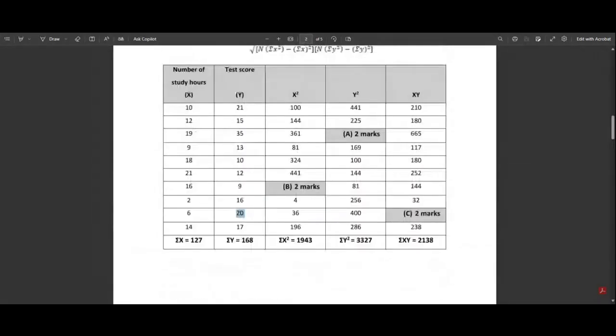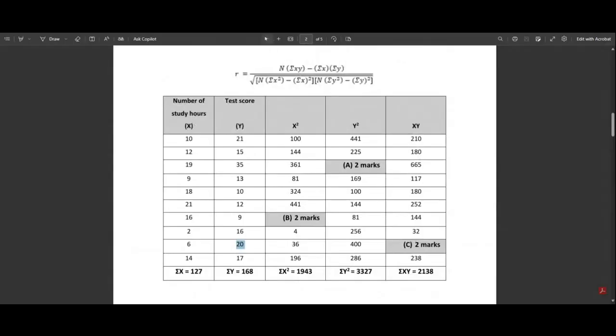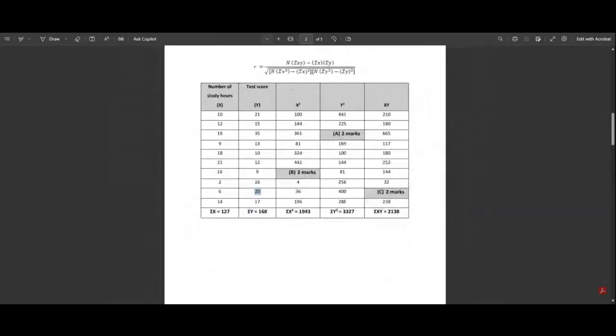Okay, let's work out the formula then. Let me make it a little smaller so we can do it below here. Okay, first of all, we need to sub in some values. So we know that n equals 10. And then let's go and sub in our things, shall we? Okay, so if n equals 10, then the sum of xy.